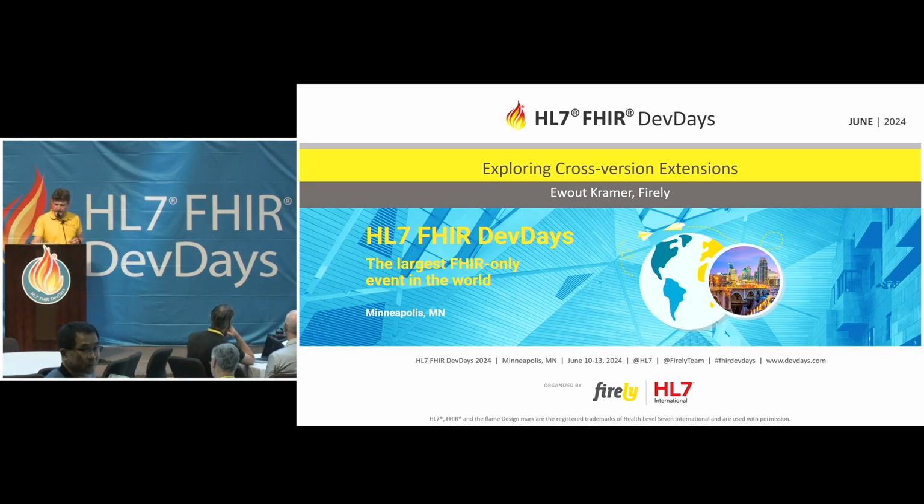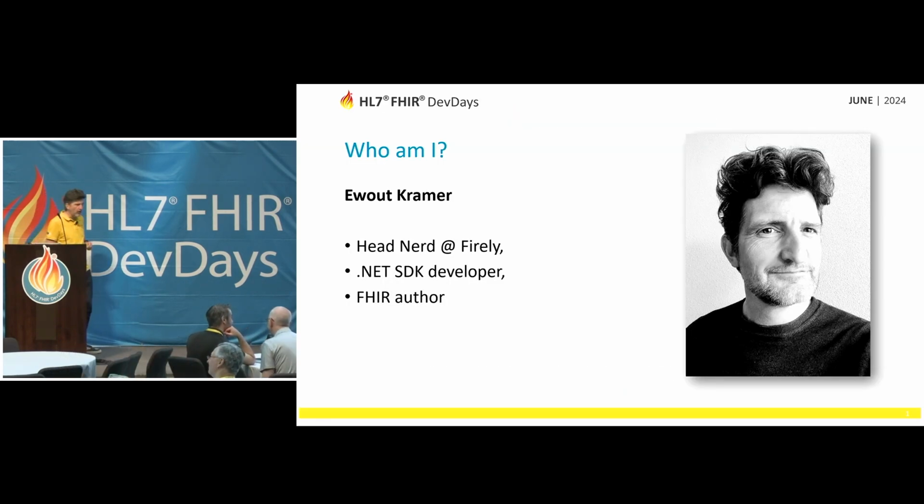I've introduced him before this week, by the way, as a hint. Okay, who am I? My name is Ewout Kramer, and I work at FHIR, where I am the head nerd CTO. But most importantly for this talk, I think I am a software developer at heart for the .NET SDK that some of you might be using. And I spent a considerable part of my life writing parts of the FHIR specification.